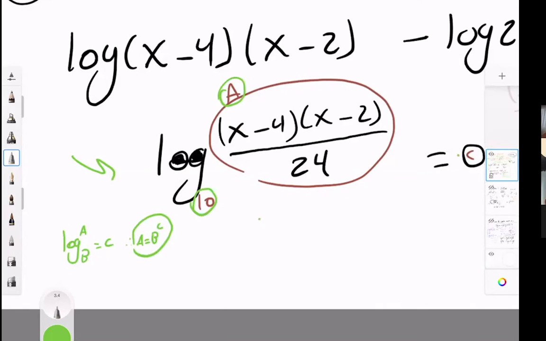So x minus 4 times x minus 2, divided by 24, equals 10 to the power of 0. 10 to the power of 0 is 1. If you use a calculator, 10 to the power of 0 gives you 1. So that means this is 1. Then you cross multiply, and we solve.